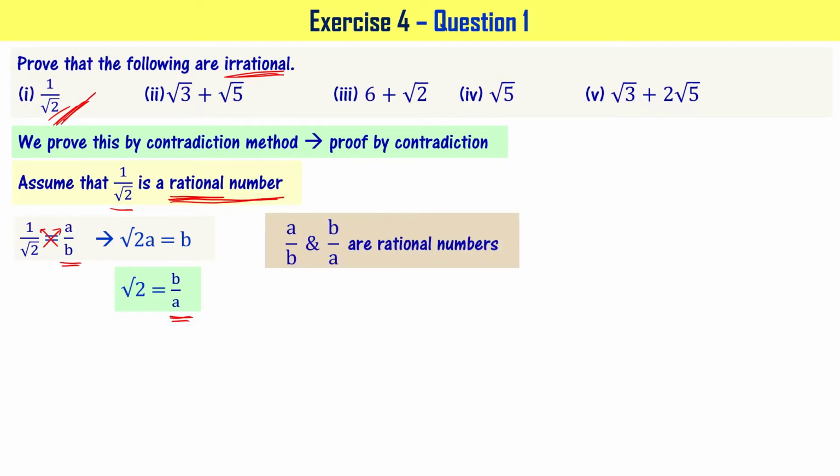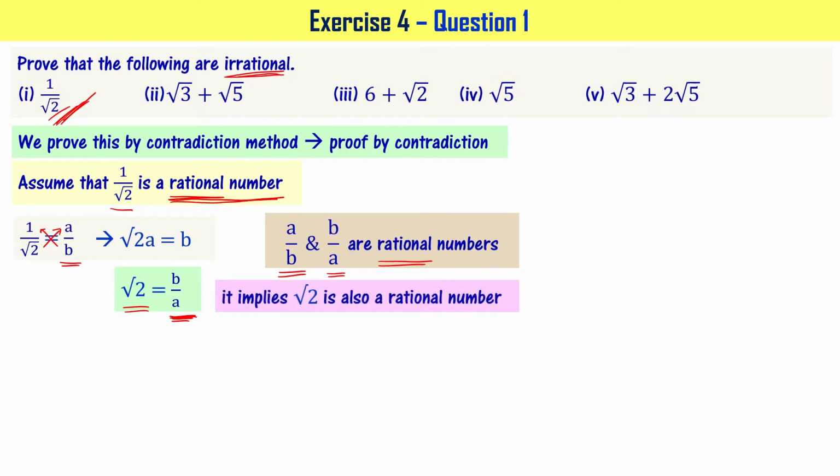Since a and b are integers, I can say that a by b is a rational number and b by a is also a rational number. As per this, since b by a is a rational number, and it is equal to root 2, what I can say is root 2 is also a rational number.